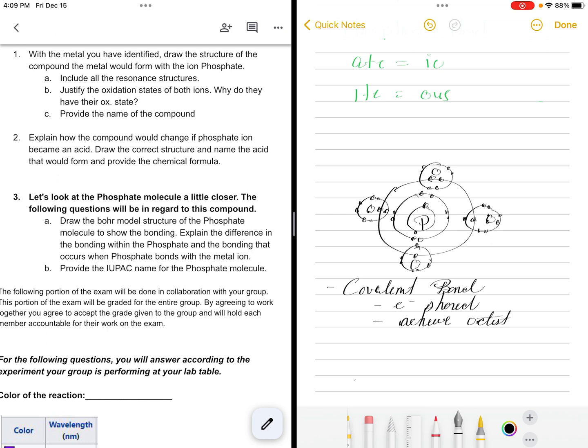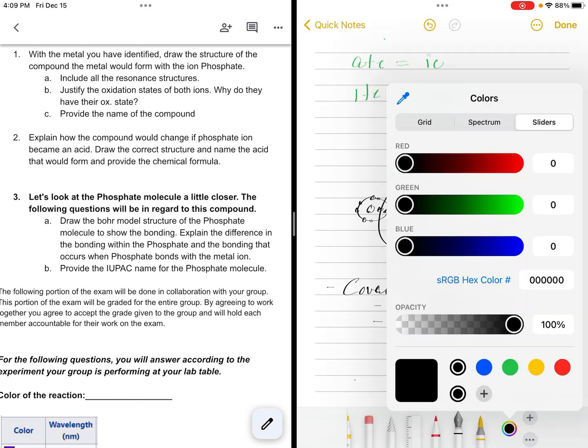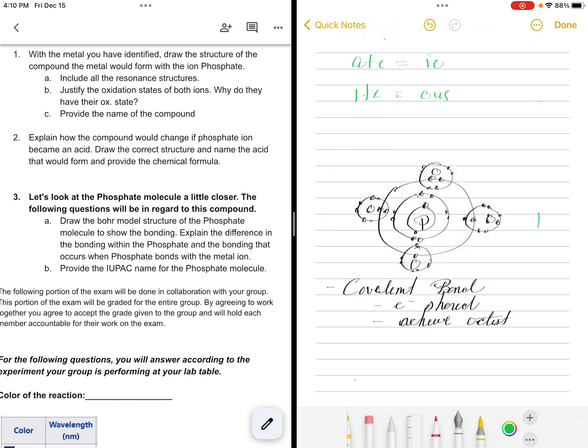When the phosphate bonds to the lithium, right, here, now this becomes ionic, right? One, because it's a metal, right? And the other one, because we said earlier, remember, that phosphate has a 3- charge because somebody's carrying extra electrons. Well, those extra electrons are on all the oxygens that have the -1.